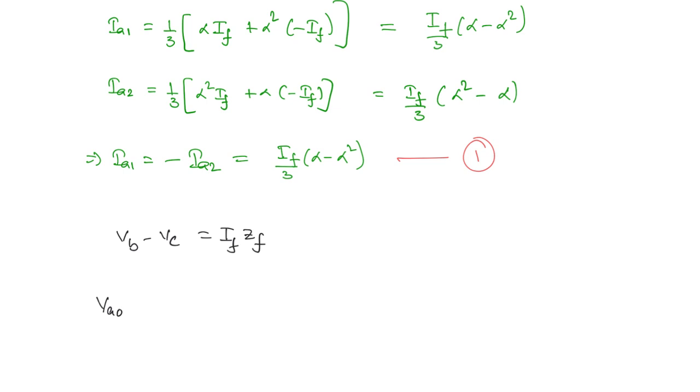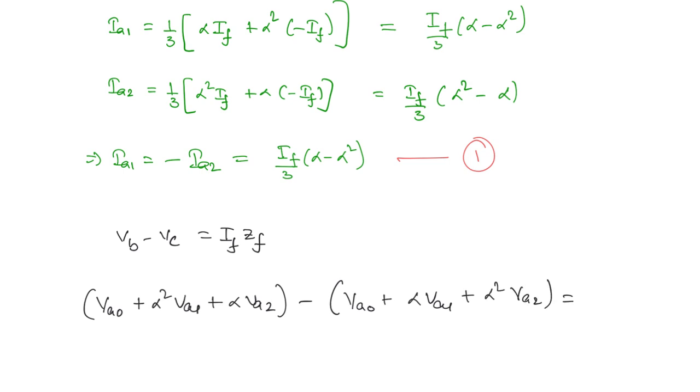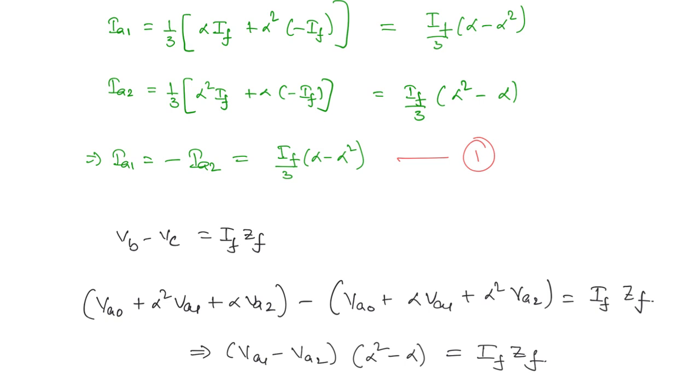VB is VA0 plus alpha square VA1 plus alpha VA2, minus VC, which we can write as VA0 plus alpha VA1 plus alpha square VA2. This is equal to IF ZF. So here you are going to get VA1 minus VA2 into alpha square minus alpha. This is equal to IF ZF.